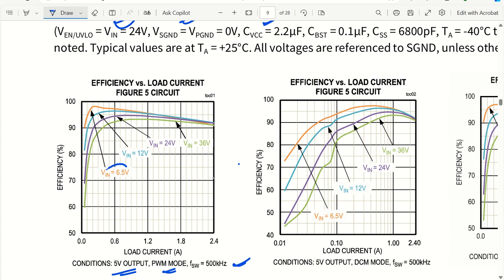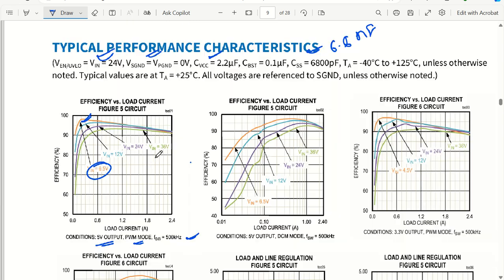Then you can see at an input voltage of 6.5, my efficiency is highest. As my input is increasing, my efficiency is decreasing a little, but up to 36 volt you can see that my efficiency is more than 90%. Understood? So this is the beauty of this particular typical characteristic that is given by the datasheet manufacturers.